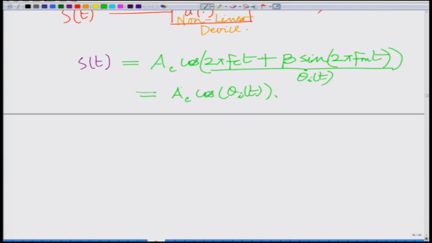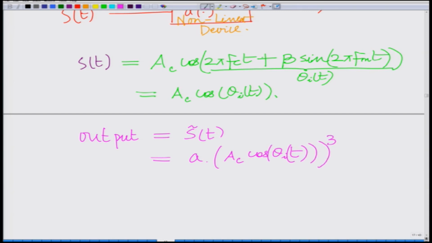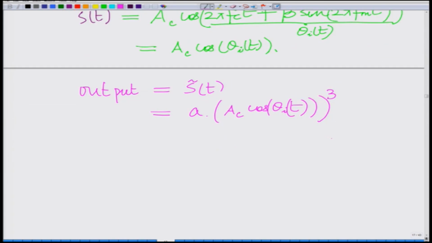So, the output signal, when s(t) is the input, let us call that s tilde(t), is equal to a times s cube(t), which is a times A_c cosine theta_i(t) whole cube. Now we will use a trigonometric property for cosine cube of theta.